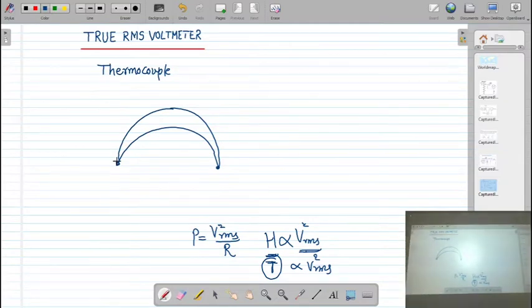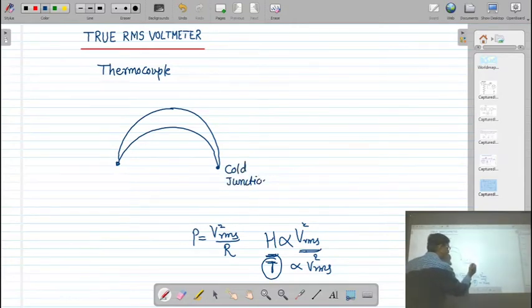So it is a two-junction device. Let us say this junction is in ice, so you can say it is a cold junction. And if this is connected to hot water, then you can say it is a hot junction.